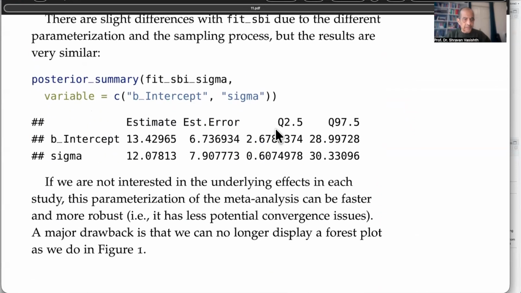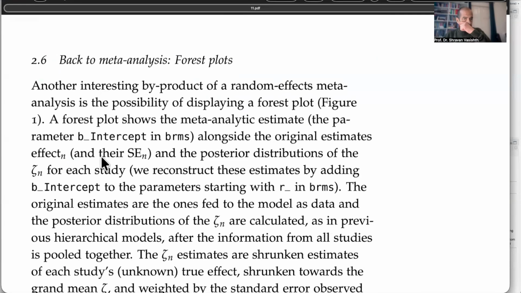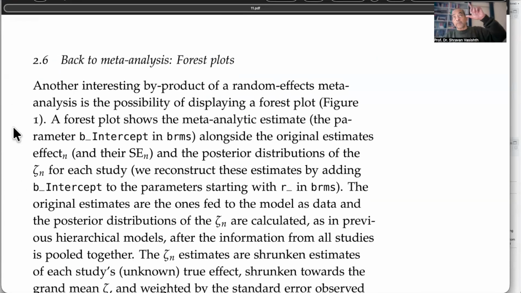Okay, it's very confusing because now we are not calling it tau, we're calling it sigma, but the basic principle is the same.